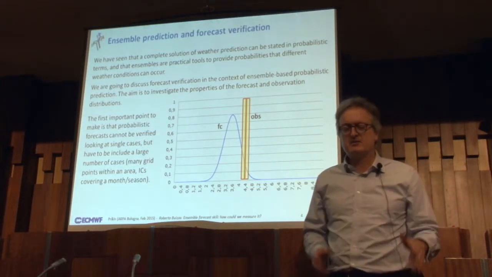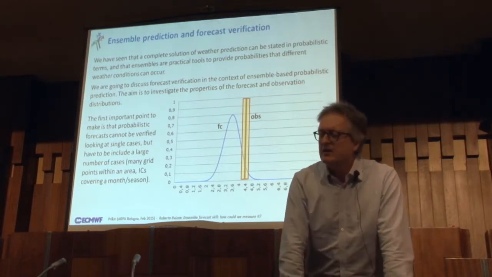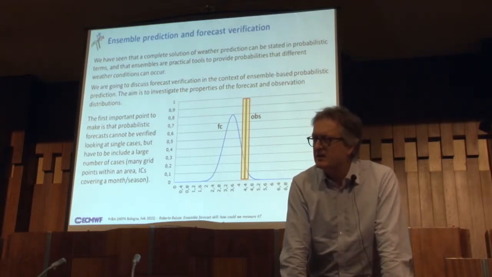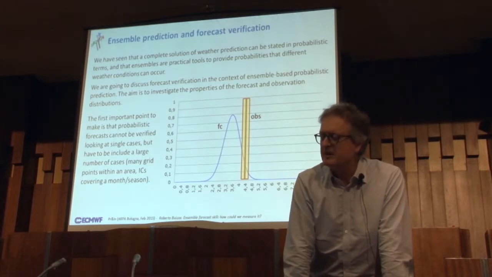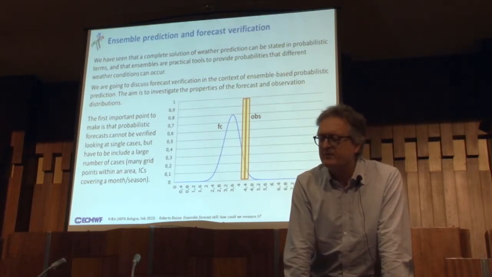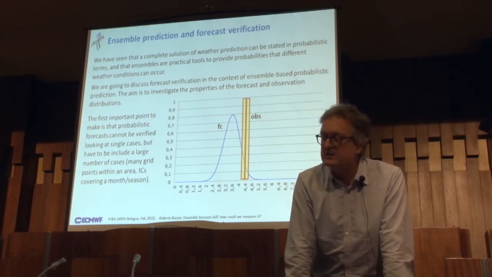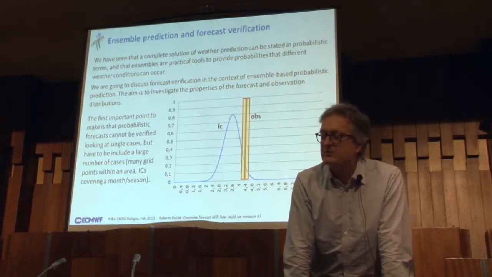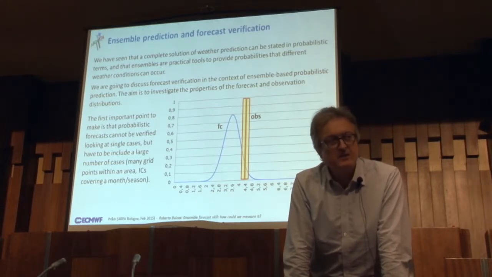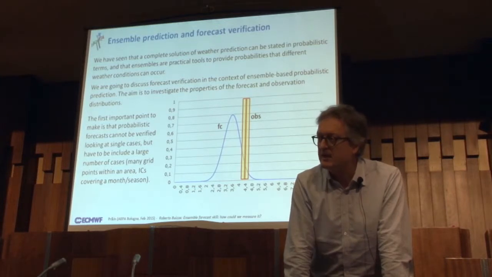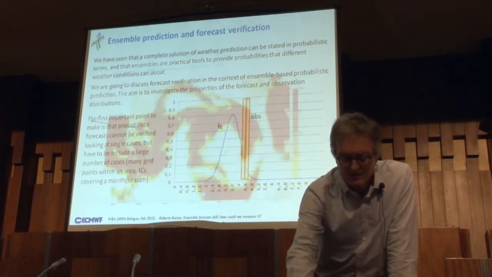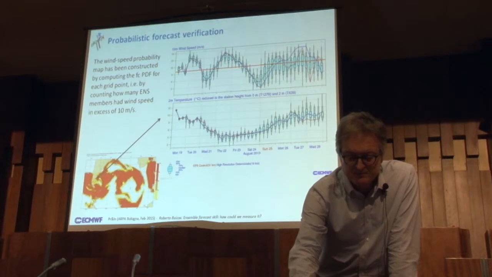The probabilistic system is going to give you a probability of 20% of snowfall in New York, 80% probability of more than 50 centimeters of snow. Then it snows 10 centimeters. Was this a good forecast or a bad forecast? You cannot say based on one forecast only. Okay, you have to look at a lot of cases. So this is the first concept.